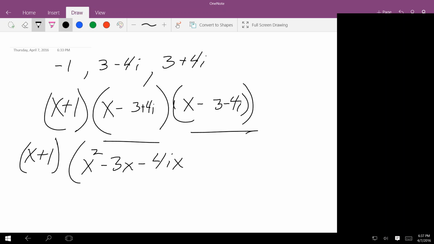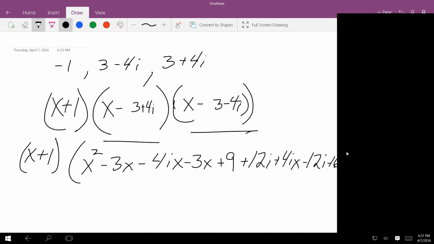And then it's going to be another minus 3x, and then it's going to be positive 9, and then a positive 12i, and then 4ix plus 4ix, right? Yeah, positive. And then a negative 12i. And then a minus 16i squared.